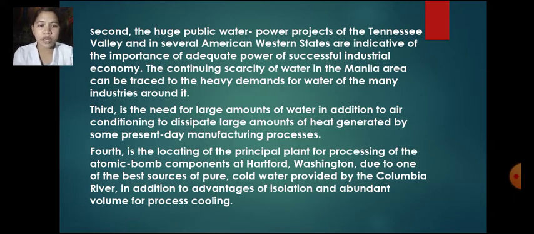And lastly, fourth, is the locating of the principal plant for processing of the atomic bomb components at Hanford, Washington, due to one of the best sources of pure cold water provided by the Columbia River, in addition to advantages of isolation and abundant volume for process cooling. So all of these indicate the need for abundant sources of power and water by many kinds of industry.